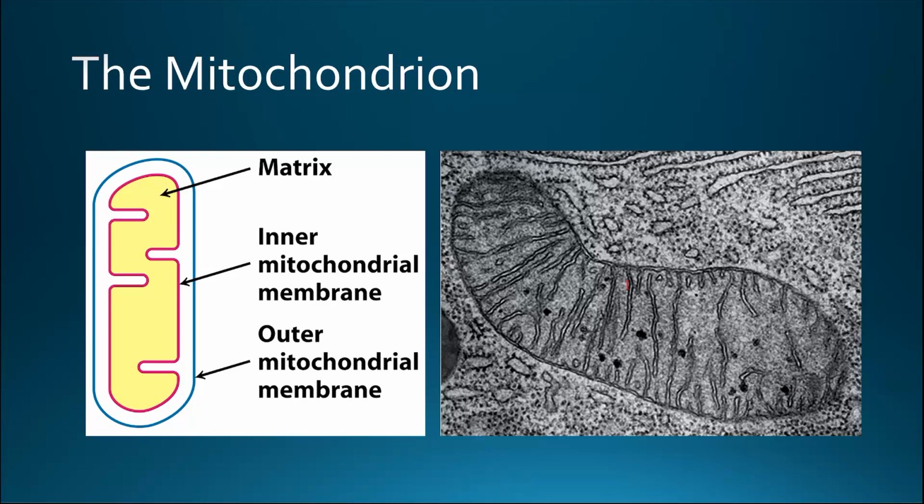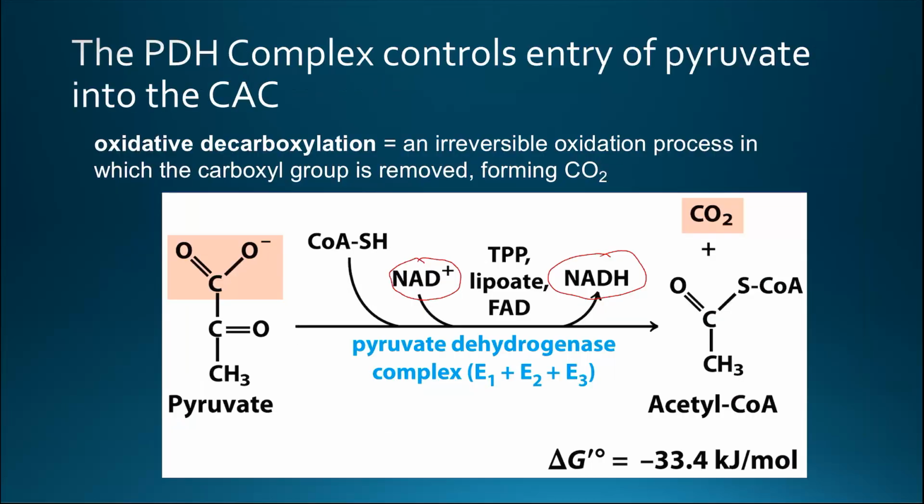So therefore, coupled with that is the oxidation of pyruvate, specifically this carboxylate group, to the carbon dioxide that is released. These are the cofactors that are required, and this reaction is energetically far from equilibrium, very favorable, and therefore one of the control points for entry of carbohydrates into the citric acid cycle.